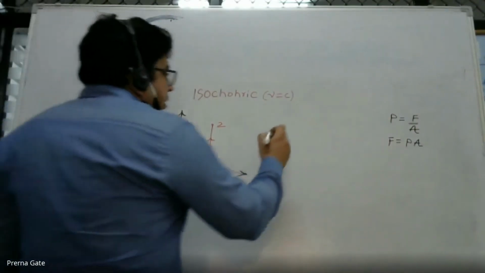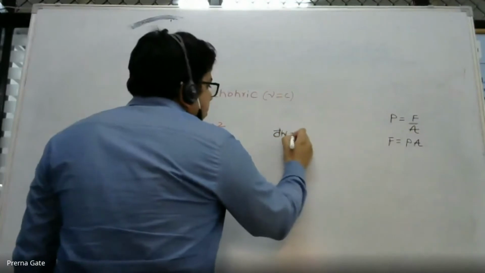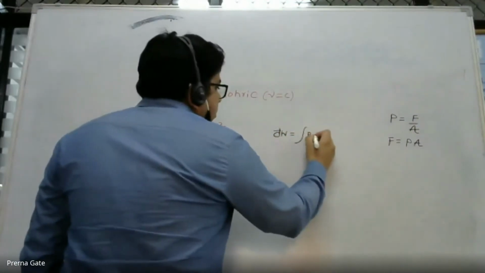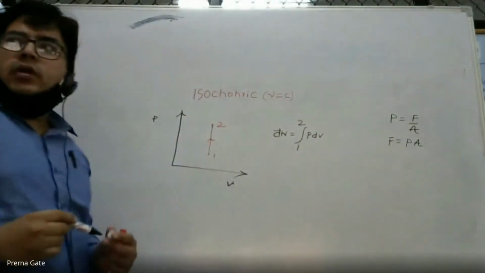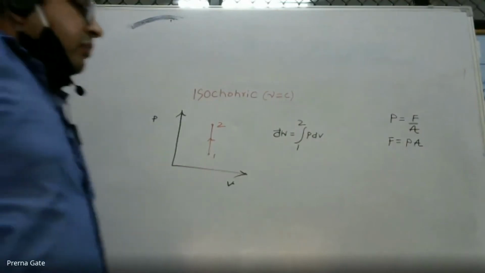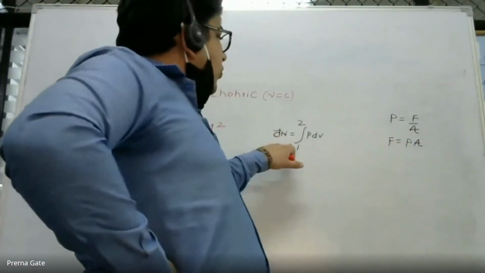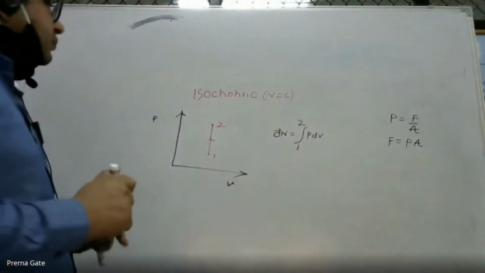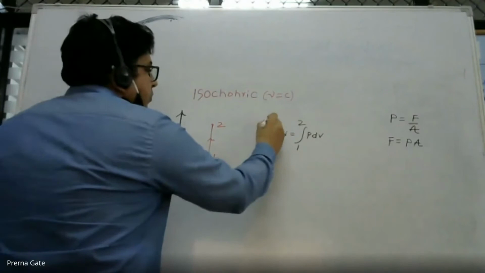So we have derived the equation for work done for non-flow processes, that is, the integration of P dV.